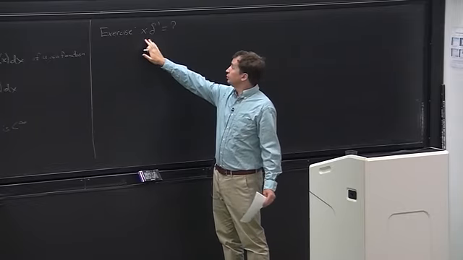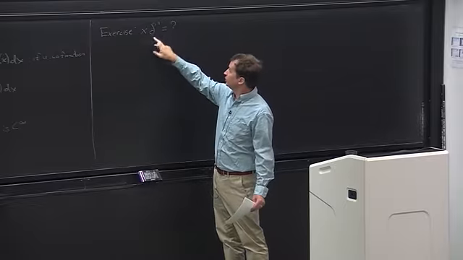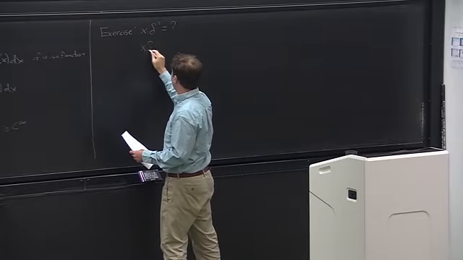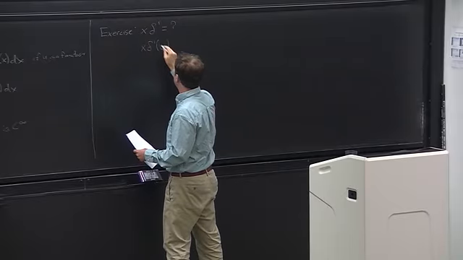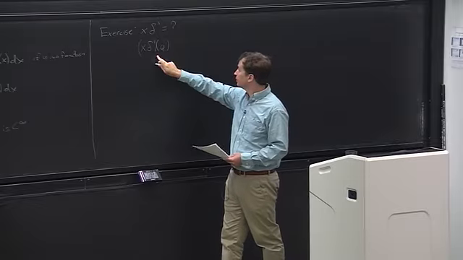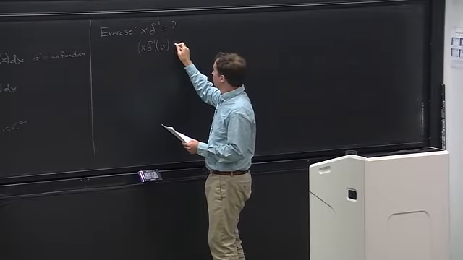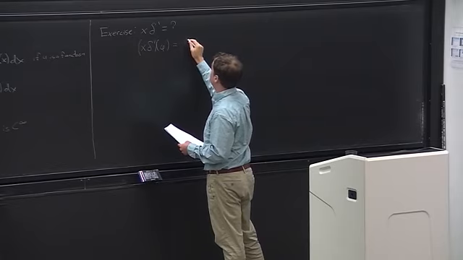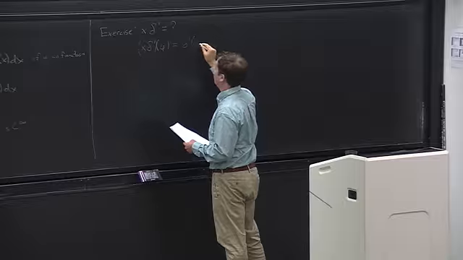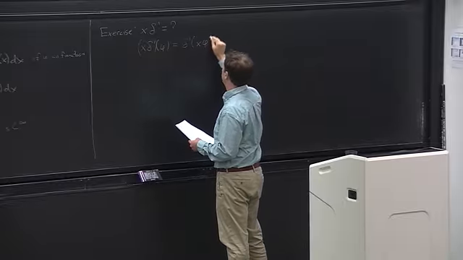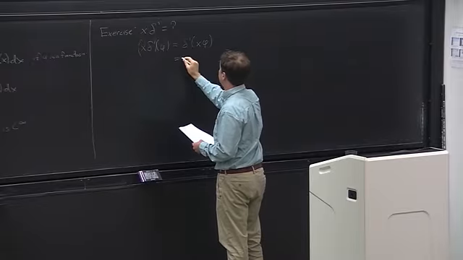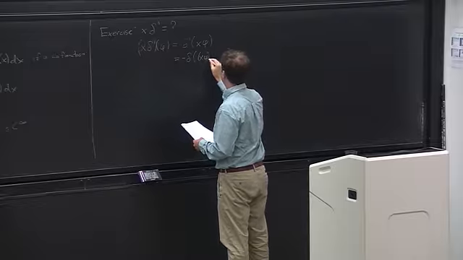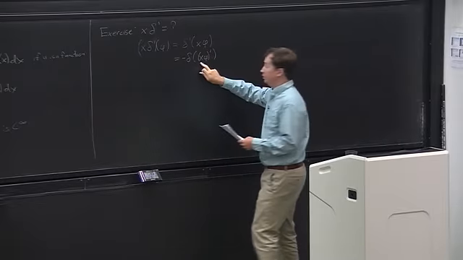So if we want to simplify this expression, the product of the derivative of a distribution with a function, the first thing we need to do is act with this on a test function. We can first use our multiplication rule to write this as delta prime acting on x times phi, which is minus delta acting on the derivative of x times phi.